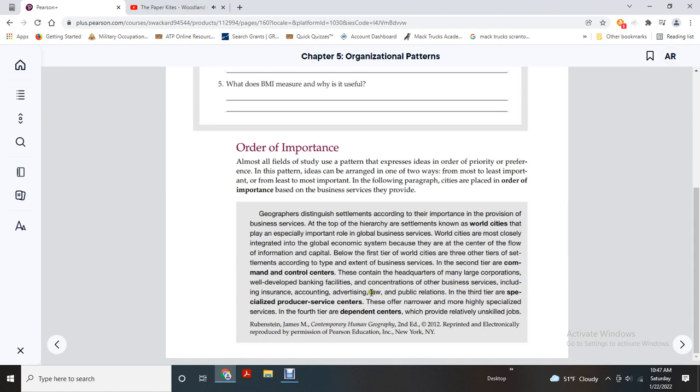In the third tier, the specialized product service centers offer narrower and more highly specialized services. In the fourth tier are dependent centers, which provide relatively unskilled jobs. Rubenstein, J. M., Contemporary Human Geography, 2nd edition, 2012, reprinted by Pearson Education, New York.